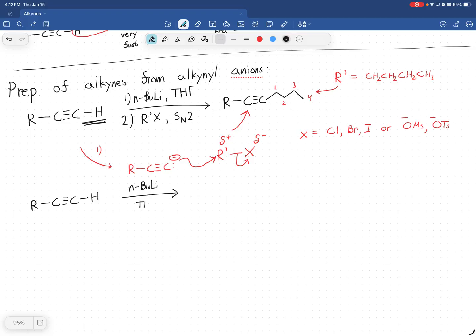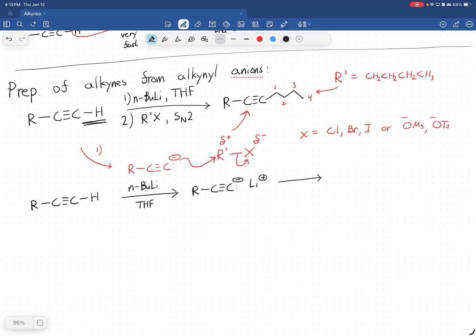And THF. Okay, so we get R, and here I'm going to write this as C minus, lithium plus. So that's my salt. I'm going to form this salt in solution. And then what I'm going to do next is react it with a good electrophile.